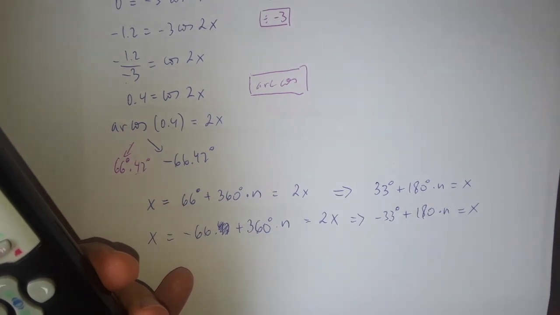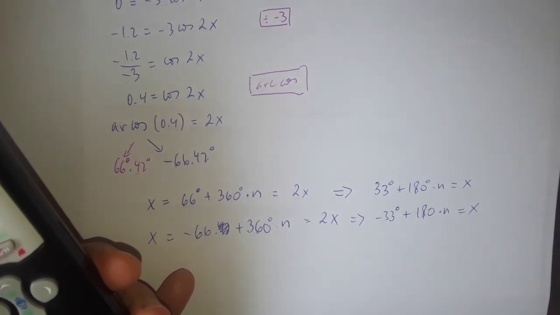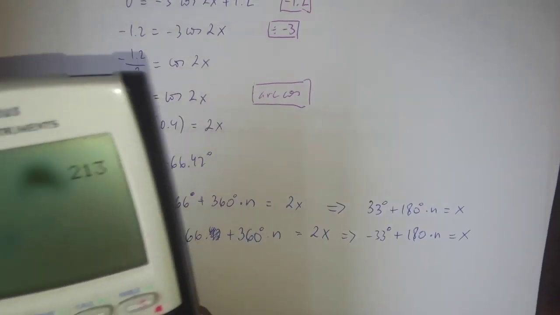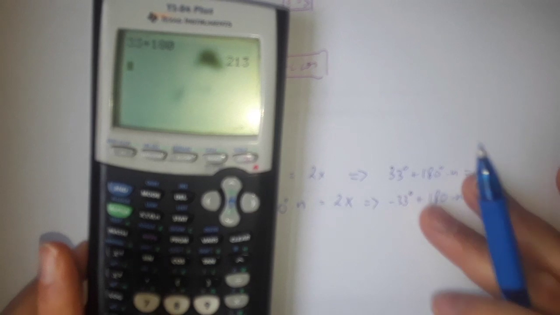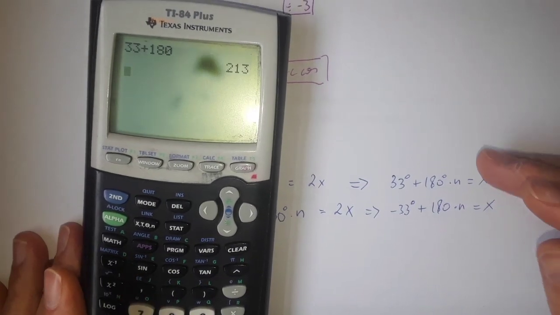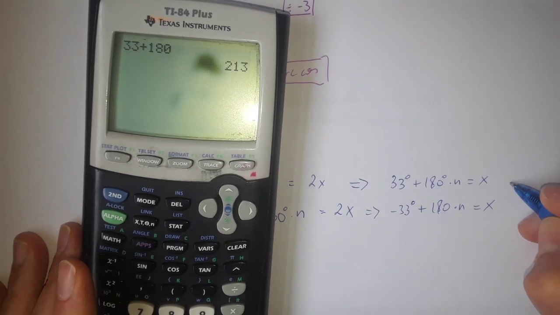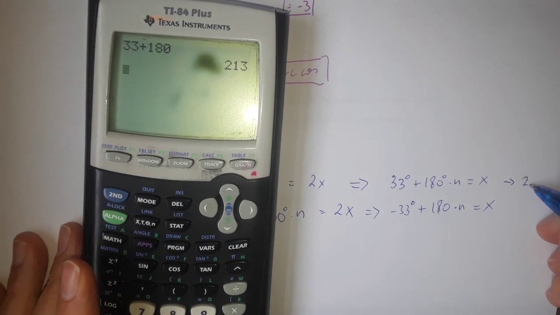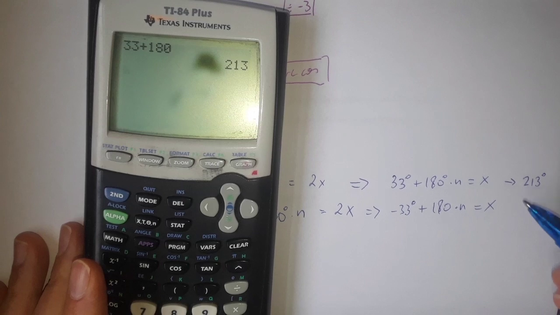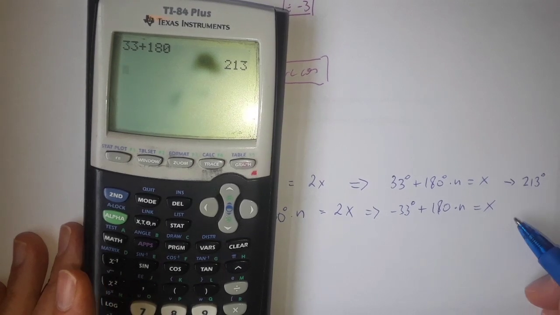So we have 33 plus 180, that's going to be 213, which is in the range. So one solution I get from here is 213. If I add 180, that's going to be too far. It's going to be above 360.